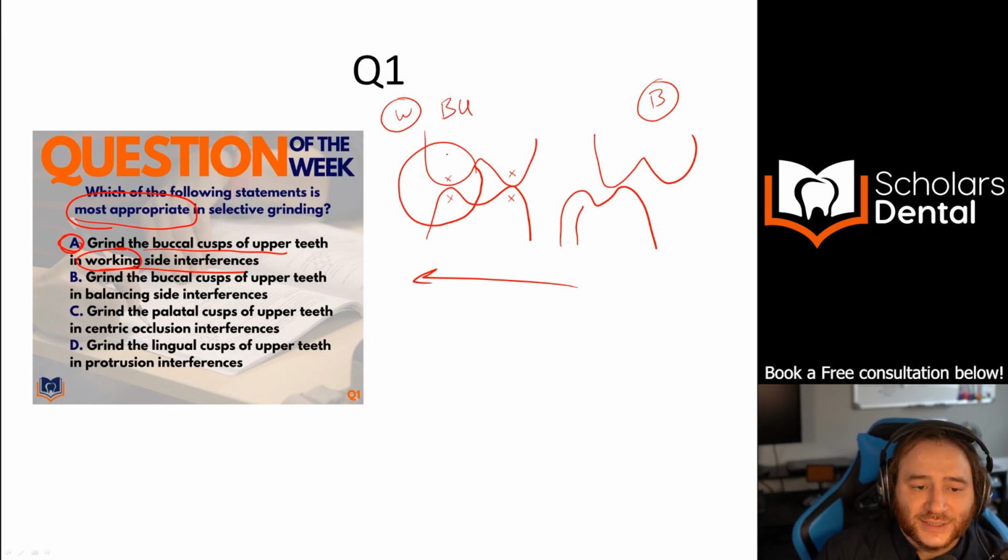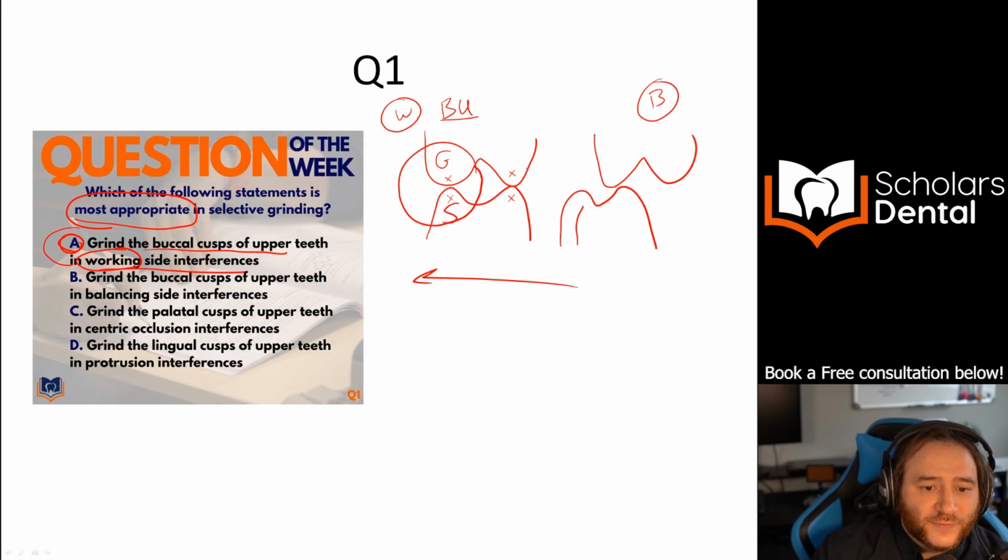Why? Because it's the guiding cusp. This one is a supporting cusp. We try to avoid grinding the supporting or the working cusps. We prefer grinding the non-supporting or the guiding cusps. So that's why we do the buccal upper, and that's why the statement is most appropriate so far.